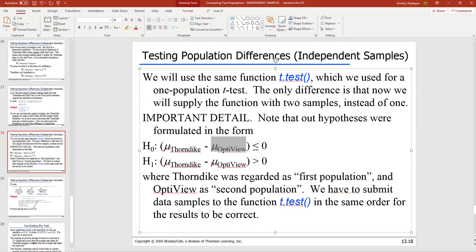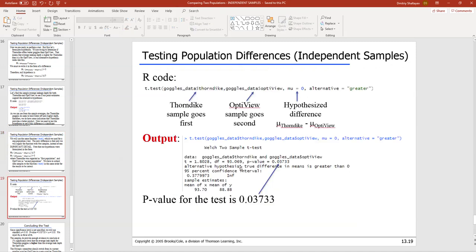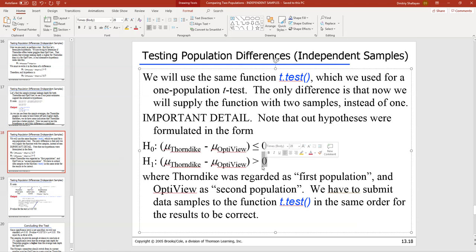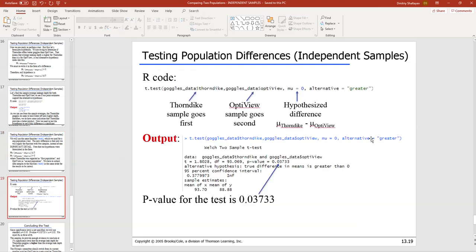Doesn't really matter, okay? But once I pick a certain form of the hypothesis, both null and alternative, which one goes first and which goes second, that's exactly the order in which I should supply the columns to my t-test function. So Thorndike should go first, OptiView second, and after that, for mu, I have to provide the value of my hypothesized difference stated in the hypothesis, and then the alternative form.